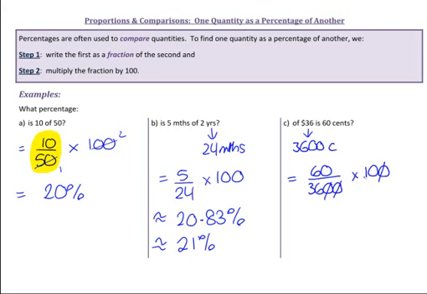I'm going to cross off some zeros. Okay. 60 divided by 36, straight to my calculator, and again it's an approximate 1.67%, or to the nearest whole number would be 2%. Again, you could have just gone straight to your calculator here and gone 60 divided by 3,600 times by 100, and you would have got the same answer.